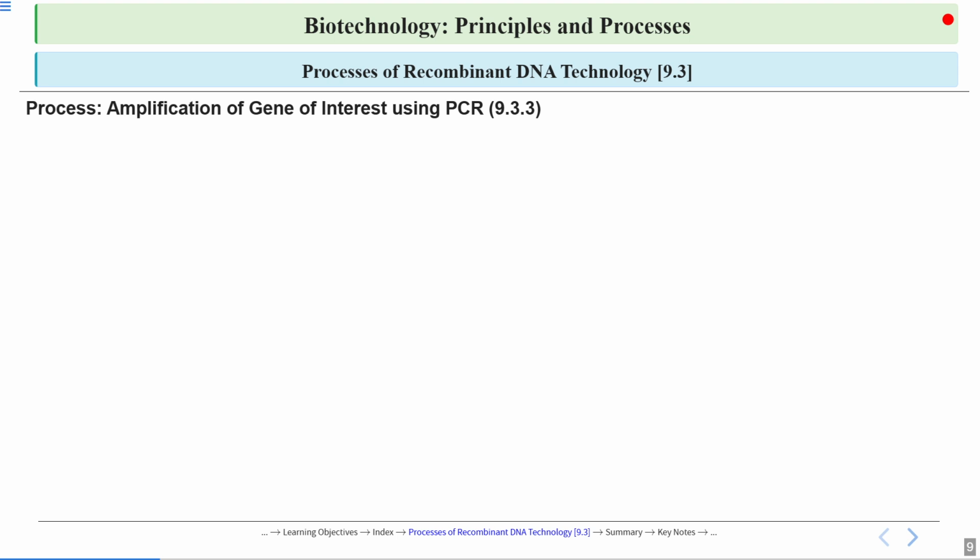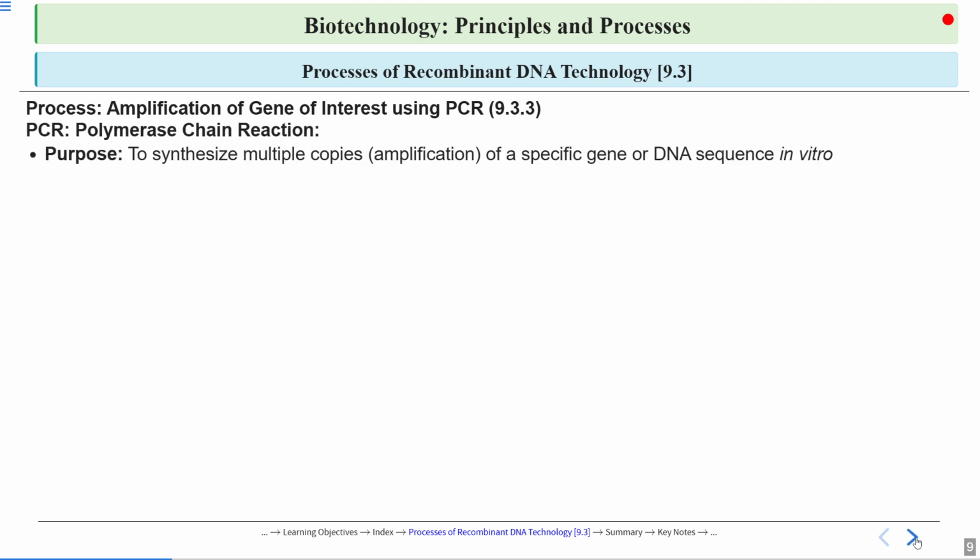We can do it by using PCR, that is polymerase chain reaction, which we will study. So now what is PCR, polymerase chain reaction? What is its purpose? Its purpose, as I told, is to synthesize multiple copies, that is, amplification of a specific gene or DNA sequence in vitro. You guys know what in vitro is?